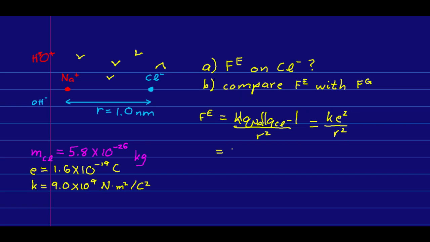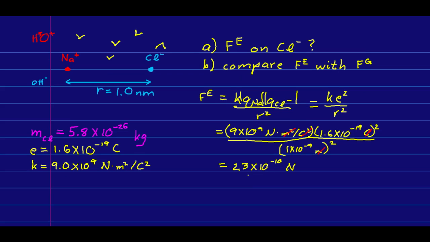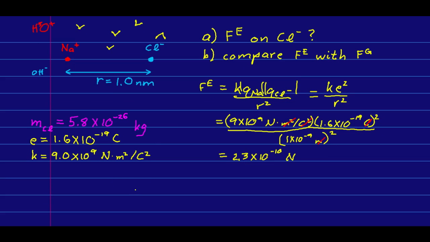So that is rather easy to calculate now. And I'll note that a nanometer is 10 to the negative 9 meters. And the units all work out. Meters squared takes out meters squared, coulombs squared takes out coulombs squared, and so I will get newtons in the end. And we get an answer of order 10 to the negative 10 newtons. Now, that seems like a very small force.